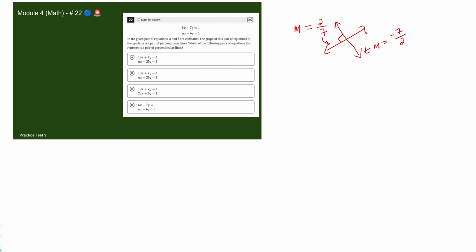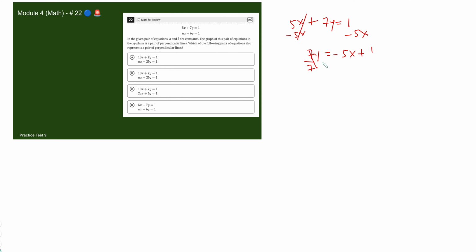All right, so keeping that logic in mind, we're going to write down the equation on the top right here: 5x plus 7y equals 1. We put this into y equals mx plus b form. Minus 5x from both sides, so 7y equals -5x plus 1.